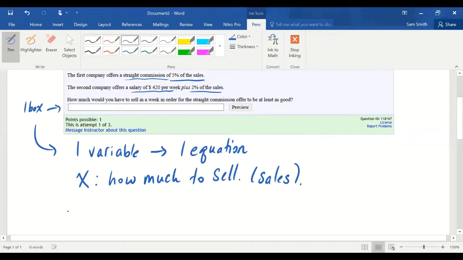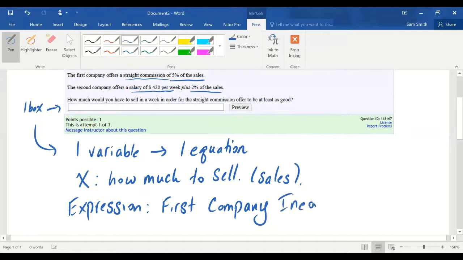So I'm going to write down an expression for the first company's income. Find out how much I would get from the first company if I sold x in terms of sales.